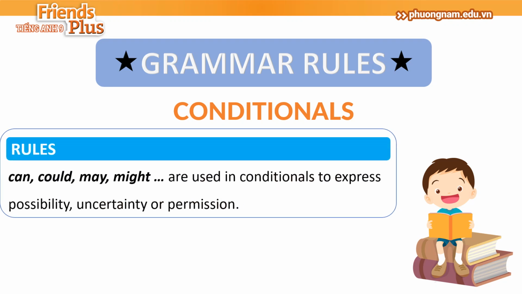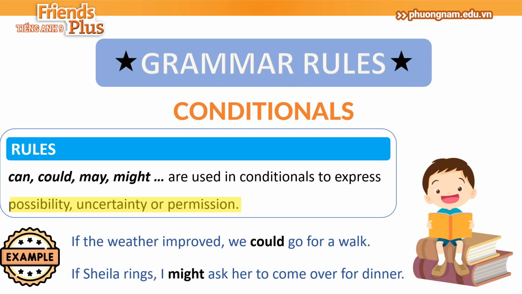Can, could, may, might are used in conditionals to express possibility, uncertainty, or permission. Examples.